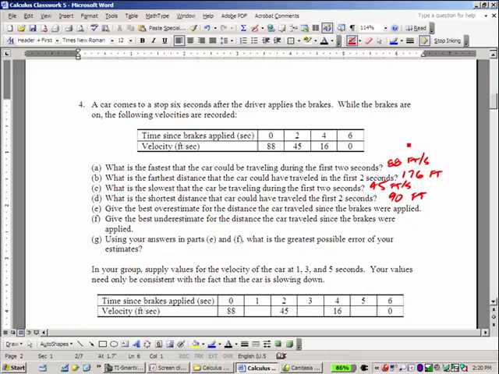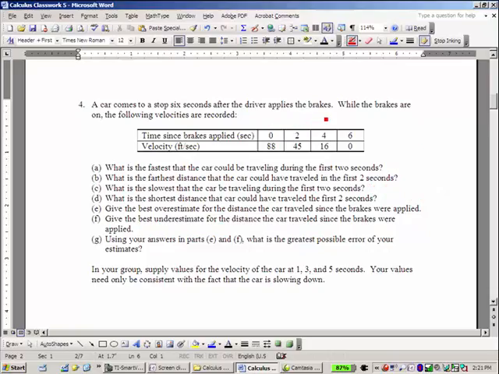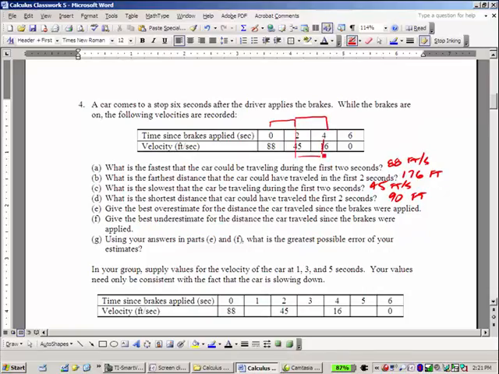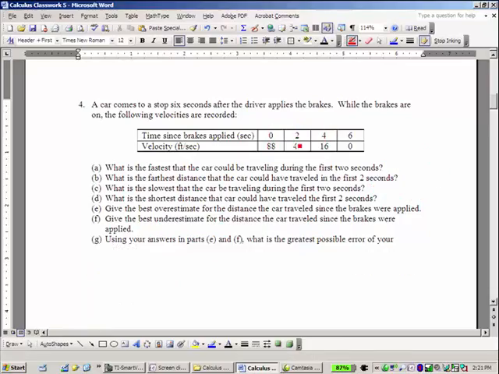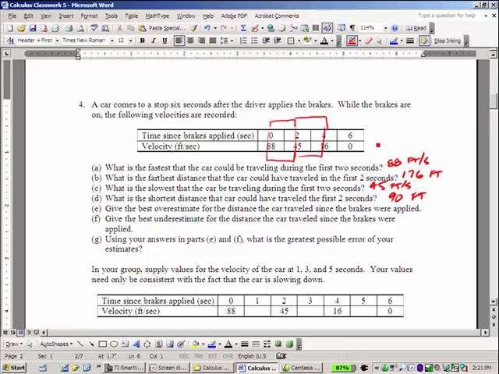Maybe we should do it together. For the first 2 seconds, the furthest we could have gone was 176, or 88 times 2. What's the furthest we could have gone for seconds 2 to 4? 90 feet.